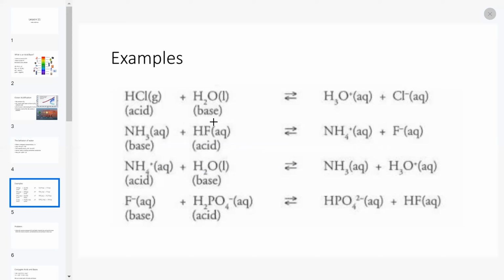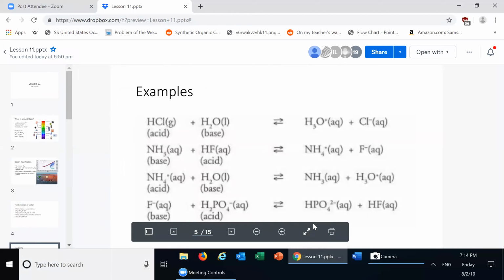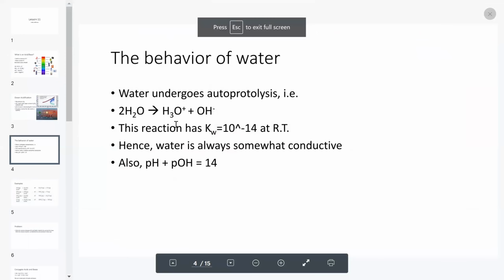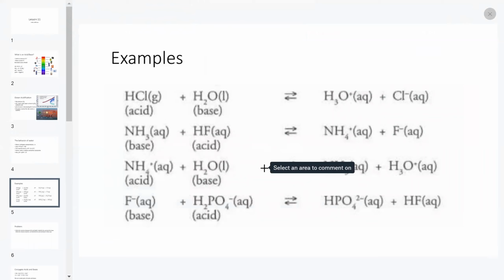So in both situations, they have it acting as a base. But water can also donate H plus. So you saw that water can either accept a proton or it can donate a proton. So water is acidic and basic at the same time, which is a property called amphoterism.